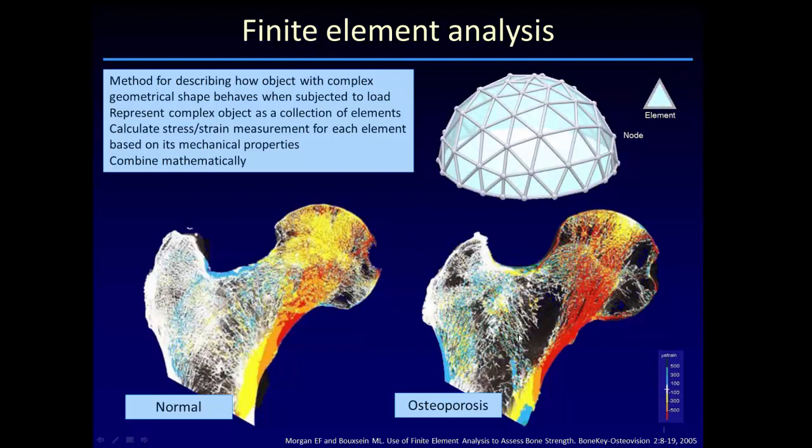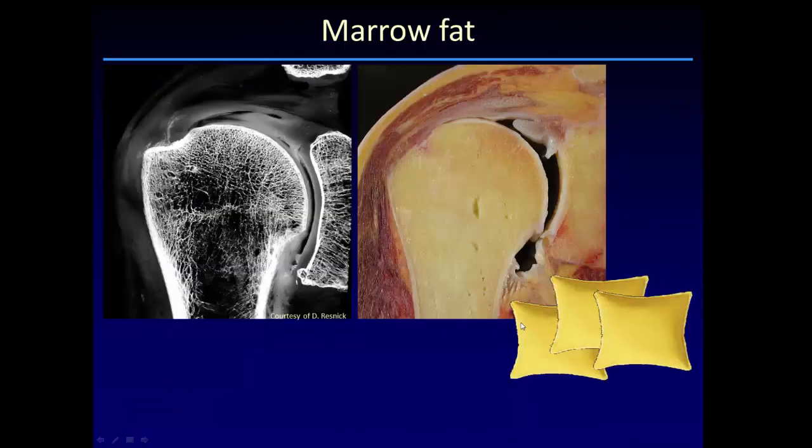So this is really a research type of tool, but you can do an analysis on a bone, for example, the femur here shown in normal and in osteoporosis, showing the incredible increase in loading that is taking place along the neck in somebody because of all of the voids and loss of these secondary trabeculae. Another focus of research right now is the supporting role of marrow fat in also helping to support bone strength.